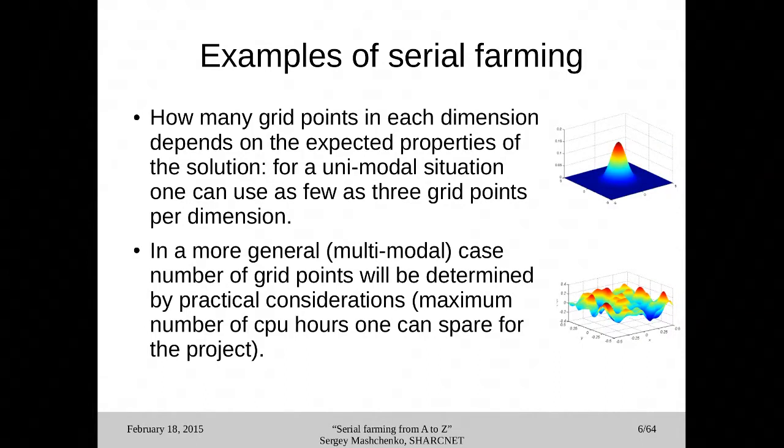What if you don't know how many modes you have, the multimodal general case? Then how many jobs, how many grid points to test? Then there is no answer basically, and it depends on how many CPU hours you can afford to spare for this project, if you don't know how many modes there are.